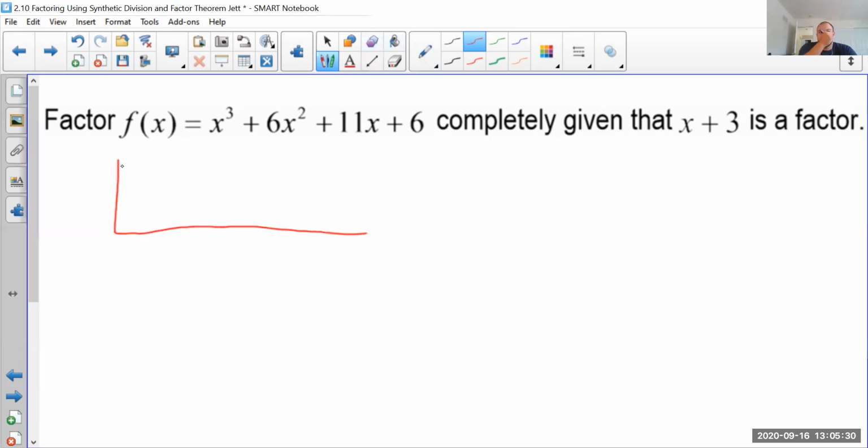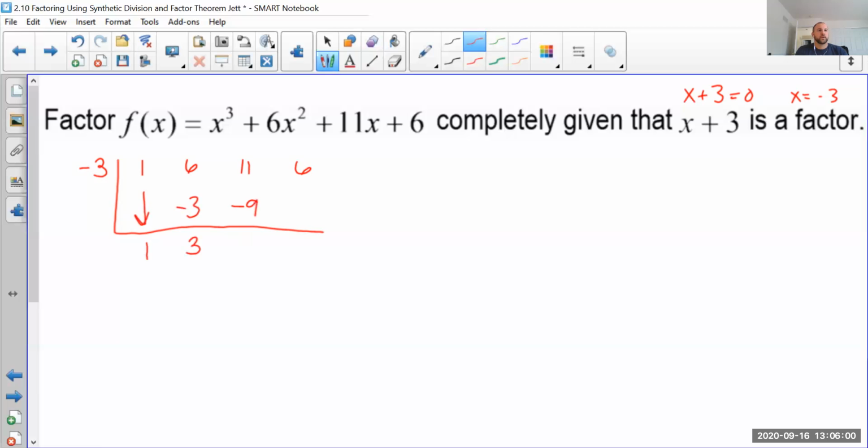We're going to start with our synthetic division. So I'm going to put 1 here, 6 here, 11, 6. Remember, it's going to end up being opposite sign. So I put my -3 over here. Bring down, multiply, add.